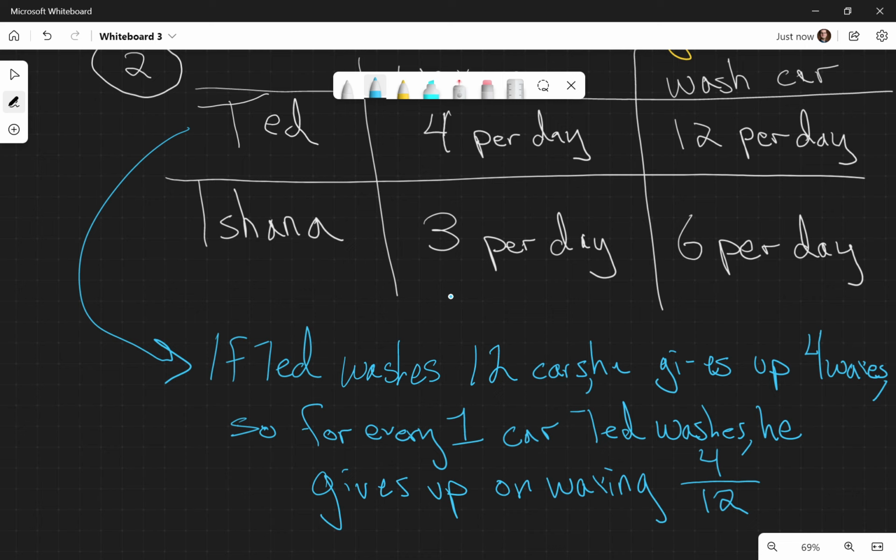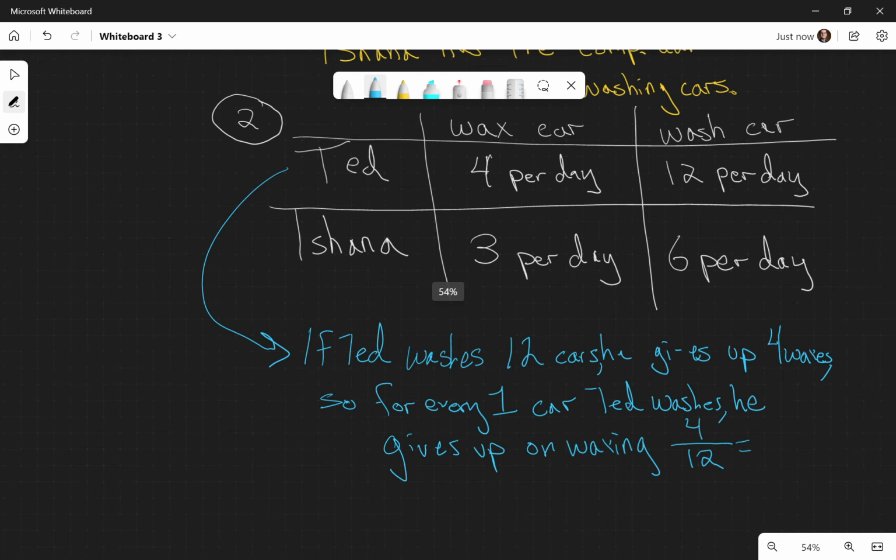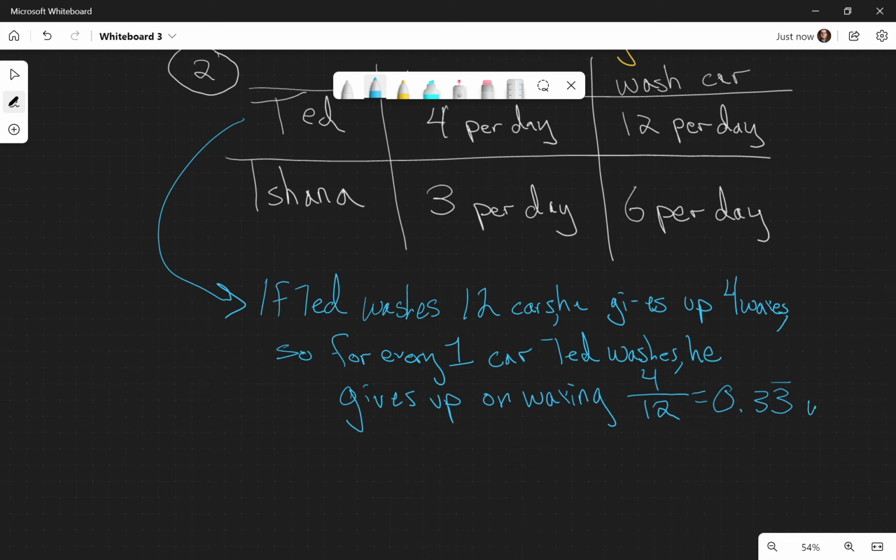And this is where it starts to get a little bit tricky because we're not used to thinking about things in this way. It's 0.33, repeating, but you don't have to put the repeating. You can just say 0.33 wax jobs. For every 1 car wash, his opportunity cost is 0.33 wax jobs.